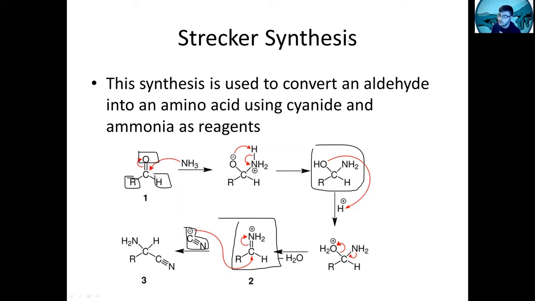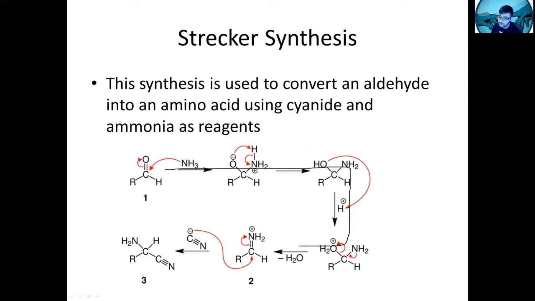Essentially, this is all very detailed. Really, what you have to know is that when you add ammonia and CN, the cyanide, to an aldehyde, you just go from here to here.